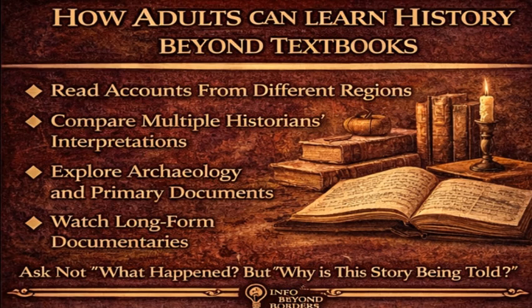Useful ways to deepen understanding include reading accounts from different regions, comparing multiple historians' interpretations, exploring archaeology and primary documents, watching long-form documentaries, studying history thematically, not just chronologically. History becomes clearer when it is approached as a conversation, not a conclusion.